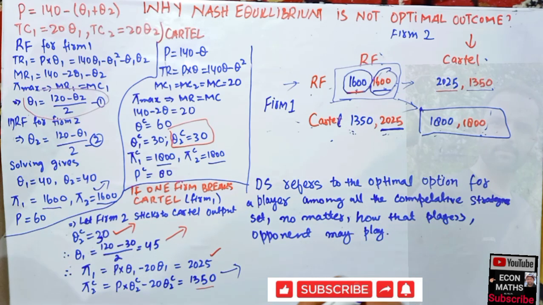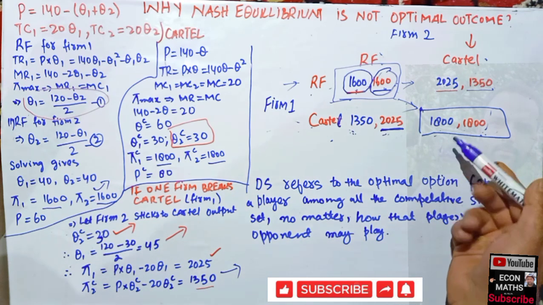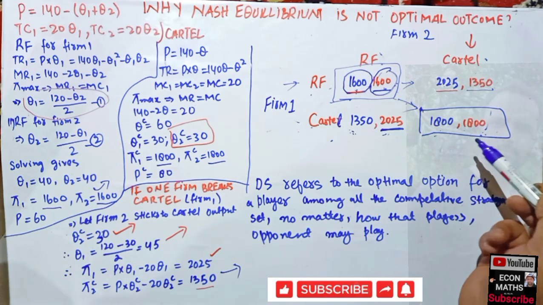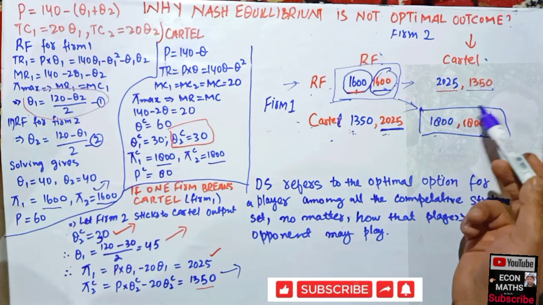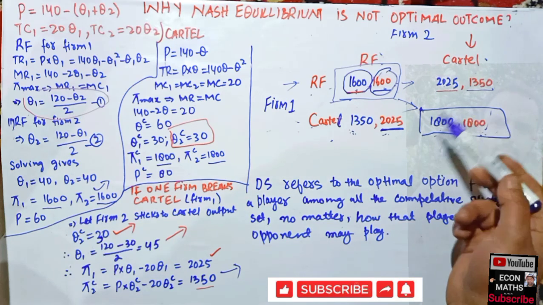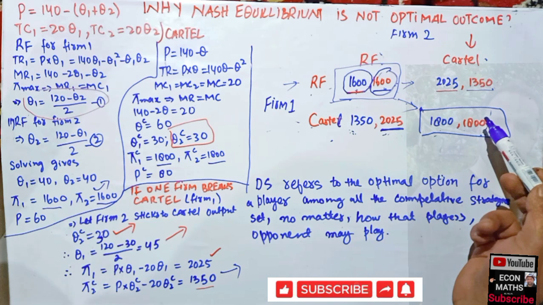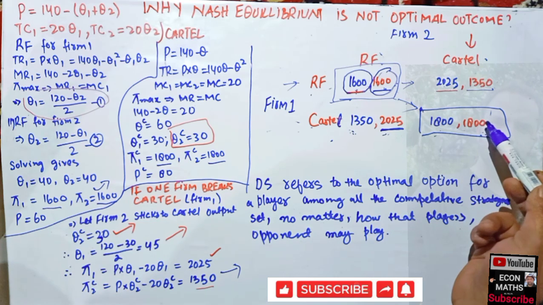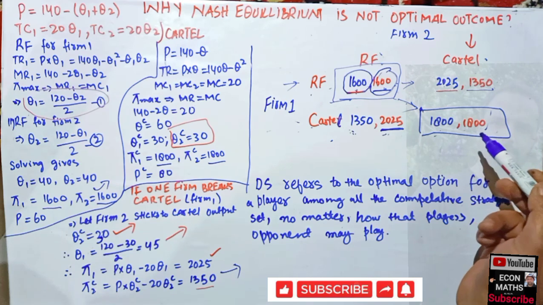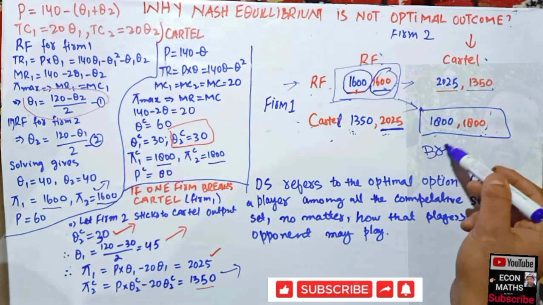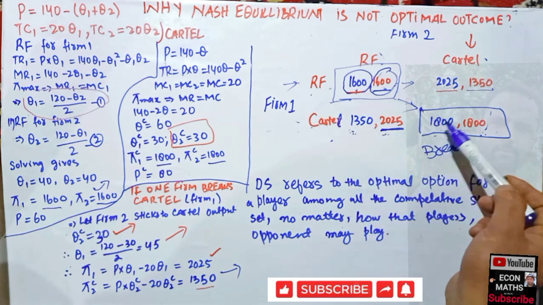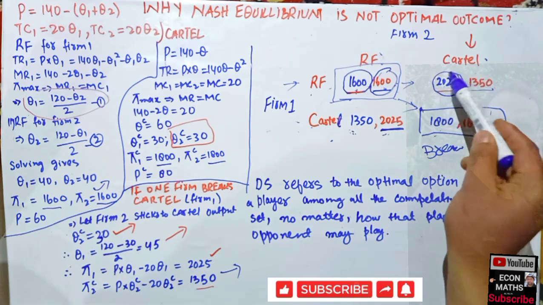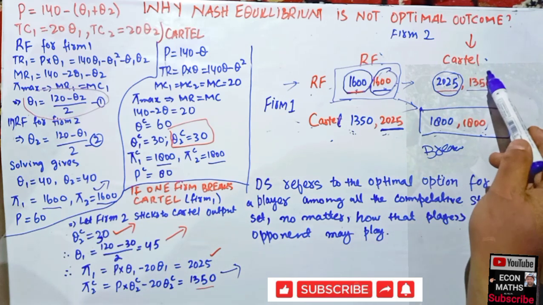So let me repeat again. This cannot be the optimal outcome because both the firms have an incentive to unilaterally change their decision. If both are producing according to the Cartel and any firm breaks the Cartel, let us say firm 1 breaks the Cartel, he will get a profit of 2025, and firm 2 will be worse off.